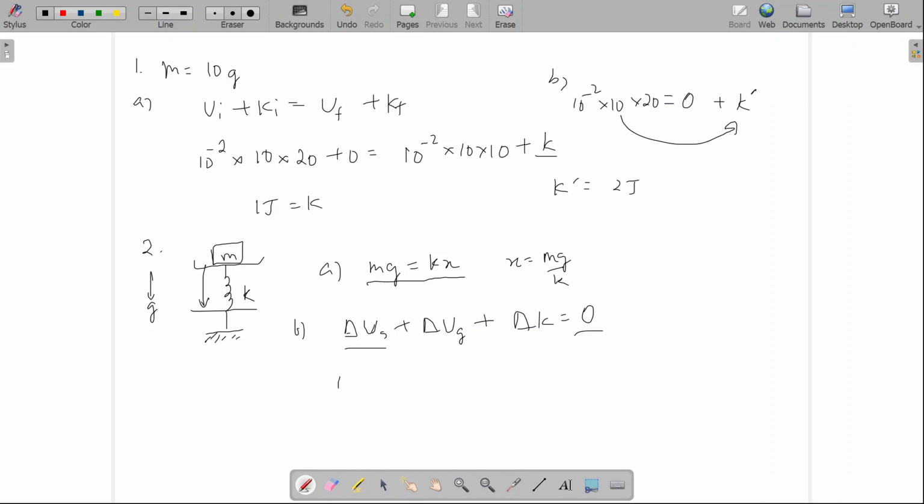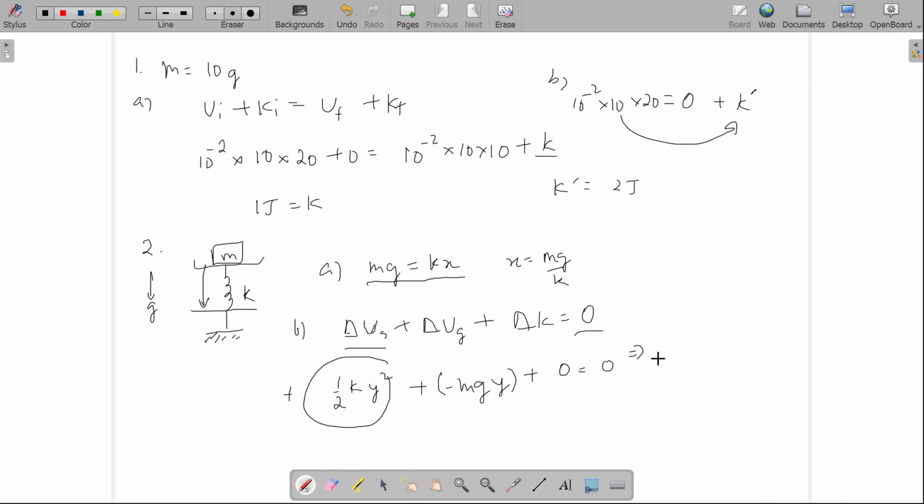The change in spring energy is half k y square. It has gained spring energy, so that is positive. Gravitational potential energy is lost, that is minus mgy, and kinetic energy is not changing since the block was at rest initially and finally it is at rest.